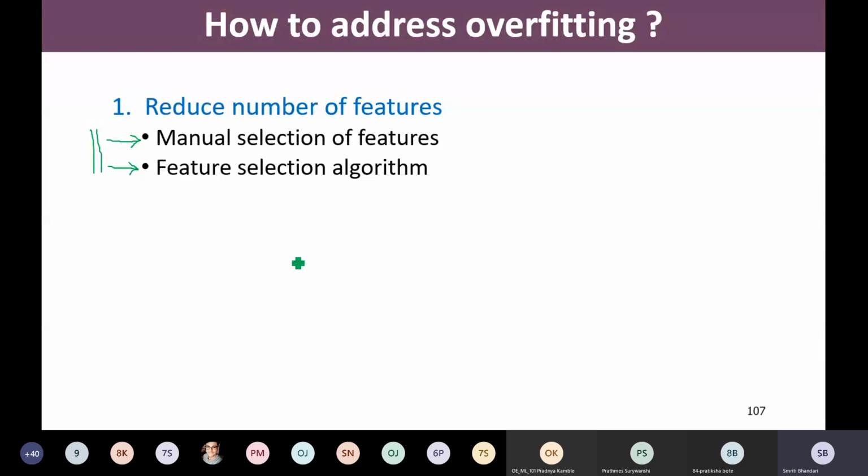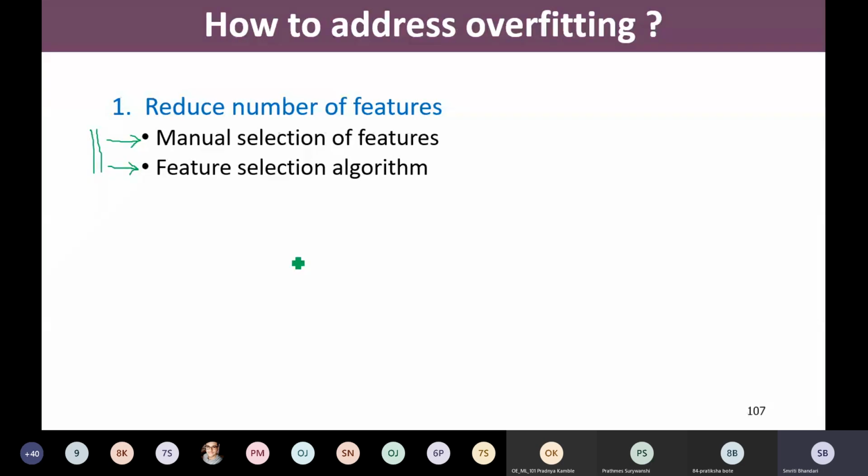If I am eliminating a few of the features that describe my sample, then I am ignoring that data. So it may result in loss of information, and that is one of the disadvantages of this mechanism, reduction in number of features. Though we may use it, there is one disadvantage: we may lose some important information.